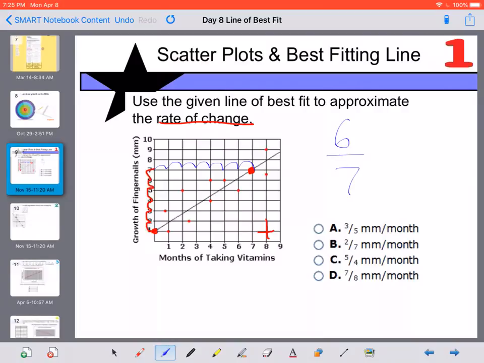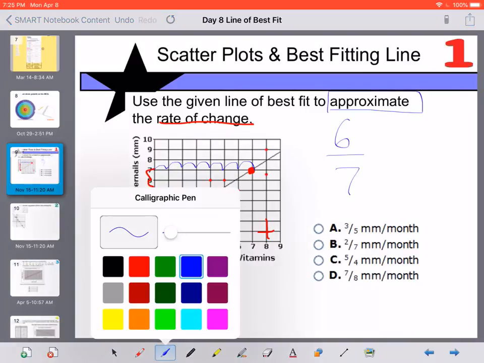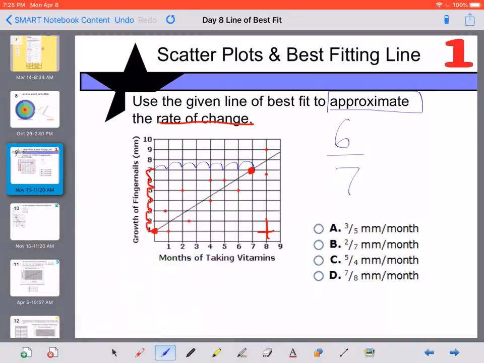Now this is approximating, so this is a best guess. We don't have the 6/7 in our choices here, but we know that this is going to be really close to 1.